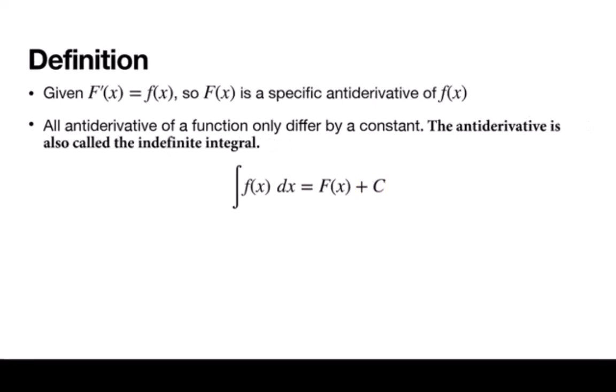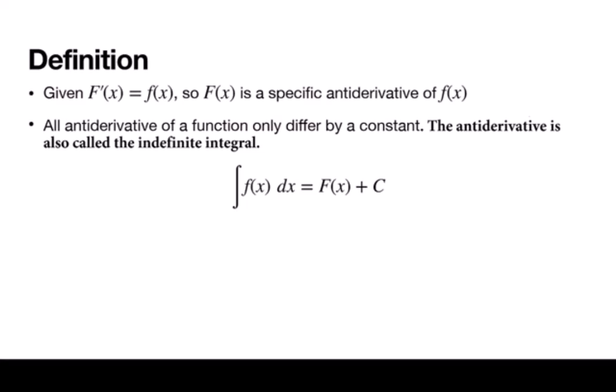Now we have another definition. Given that the derivative of capital F of x is equal to small f of x, capital F of x is a specific antiderivative of f of x. Basically, the derivative of the function is equal to f of x, and the integral of small f of x is equal to the original function.